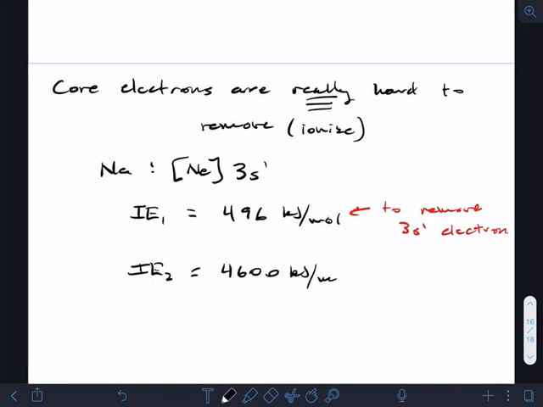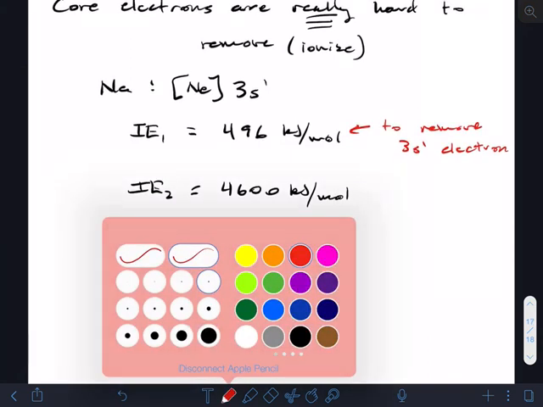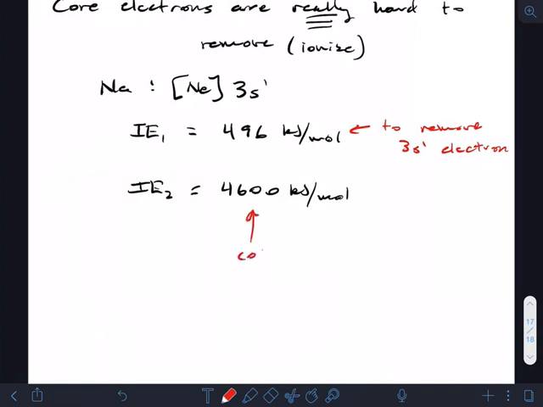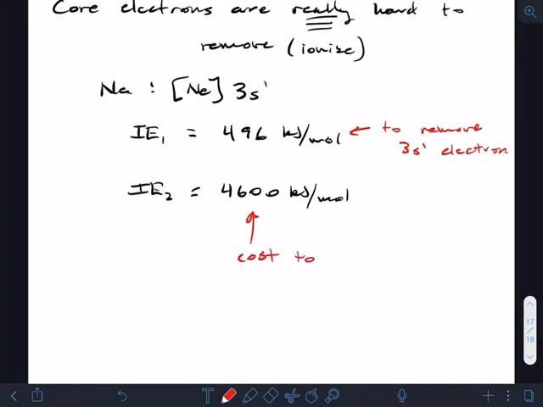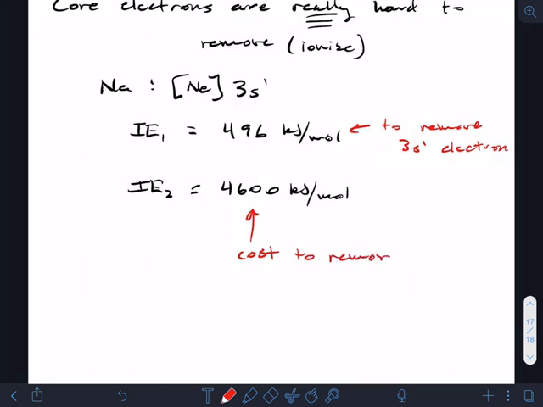If I try to take off a second electron, that's going to cost me 4,600 kilojoules per mole. That's what it costs to pry off a core electron. Way more expensive, way more energy. 1,000 times more energy.